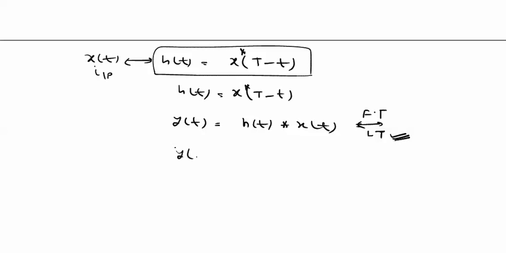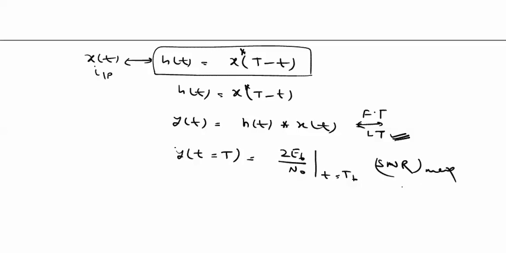The third criterion is capital T. The answer at capital T is fixed, 2 E_b upon N naught, due to the property T equals T_b. SNR is maximized due to the matched filter property.